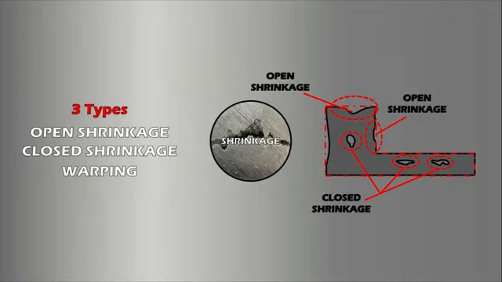Closed shrinkage appears in the form of holes inside of a casting, generally where a part of the liquid metal was hotter than the rest of the material. It can appear in macro or micro form. Micro shrinkage, also called shrinkage porosity, looks to the naked eye like jagged marks or lines. The holes, which look angular, can only be seen with a microscope.